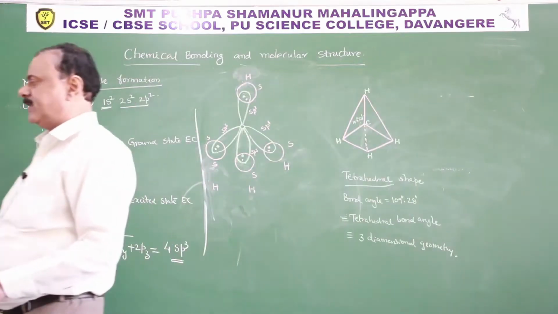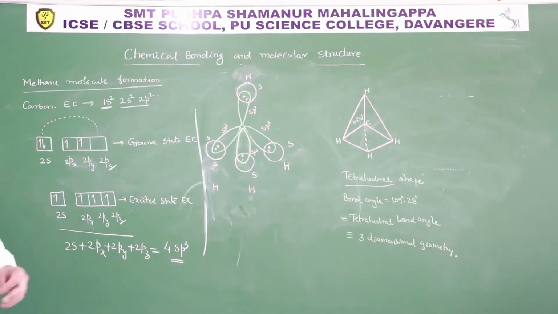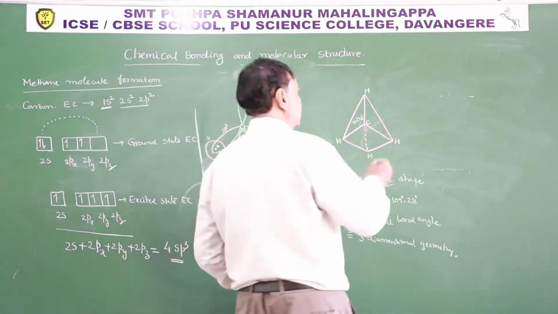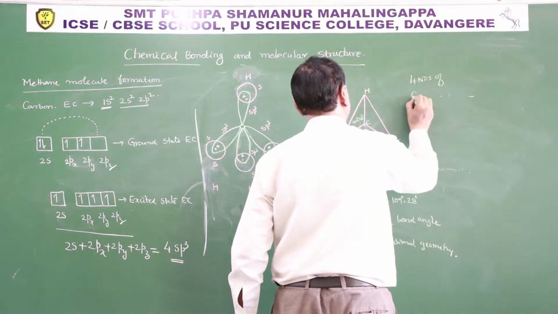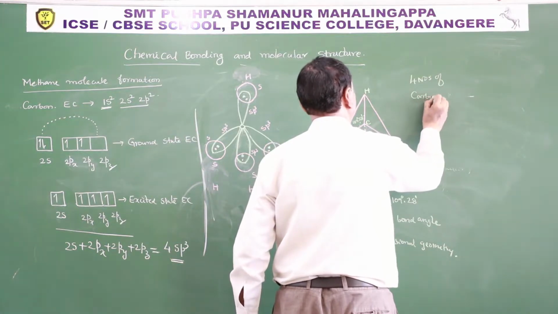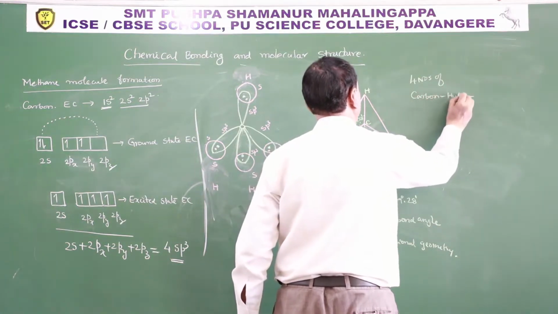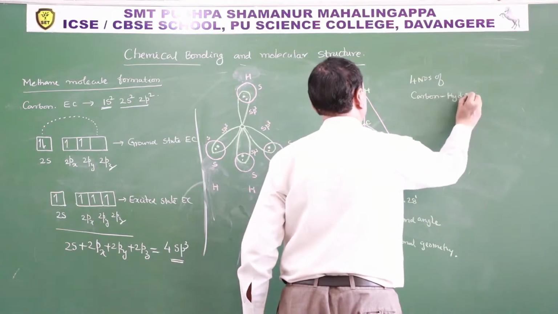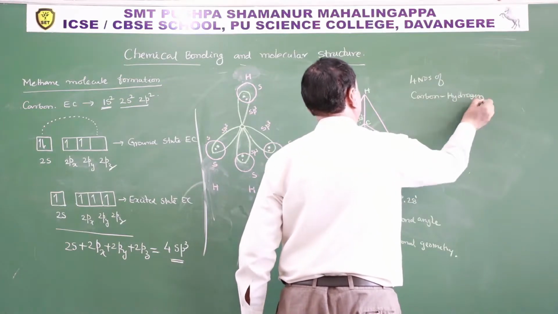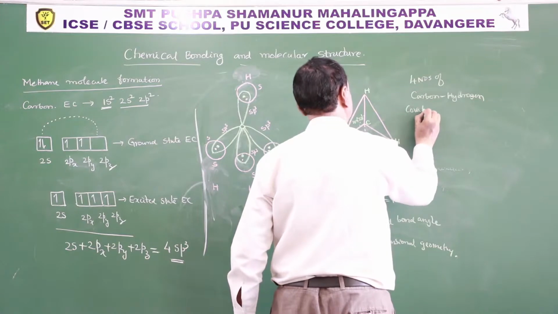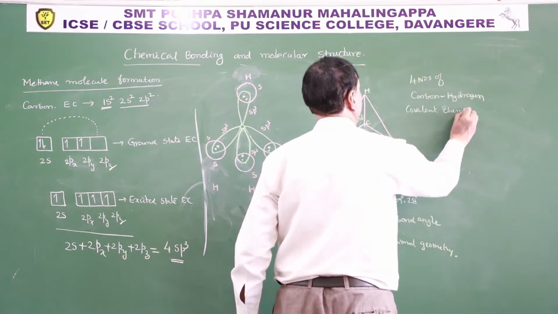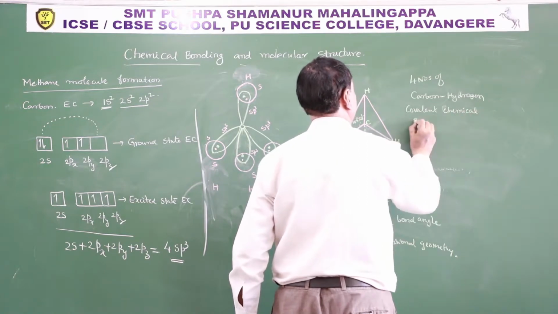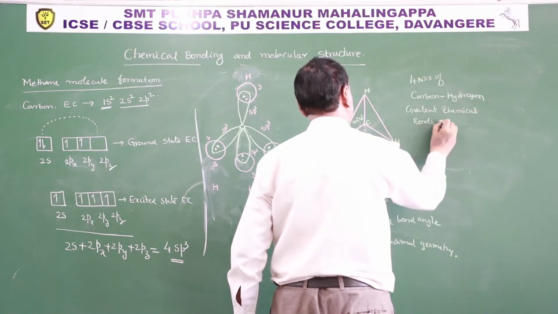Four sp3 overlaps are there, and four carbon, hydrogen covalent chemical bonds are formed.